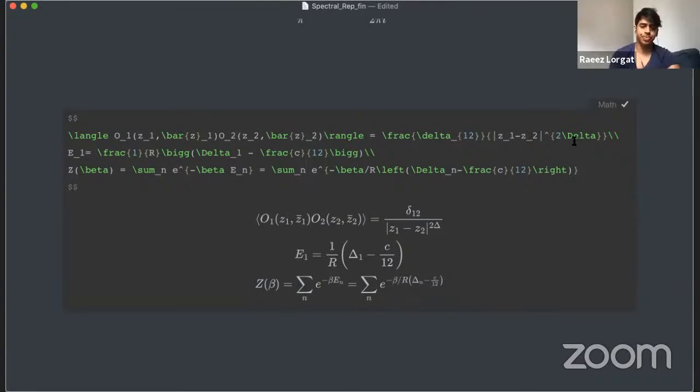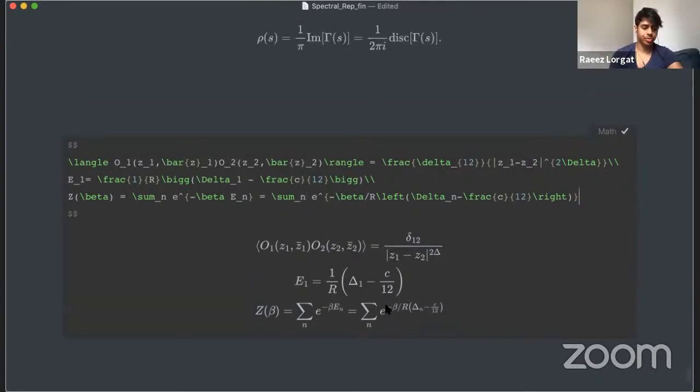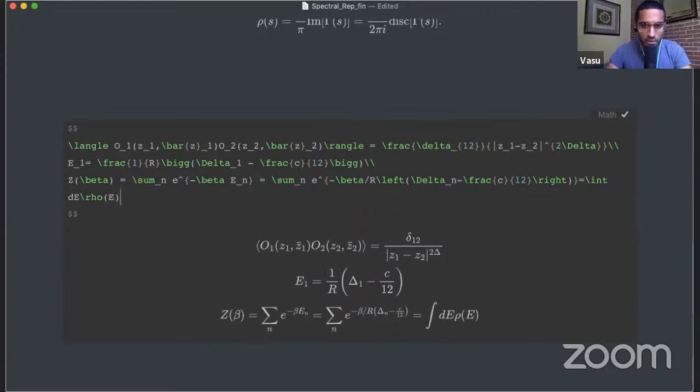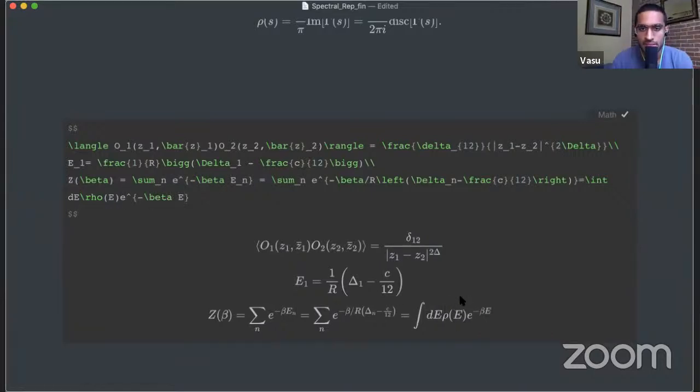And as we discussed, you can write this as integral dE rho of E, and this is exactly the same thing as what we discussed before.